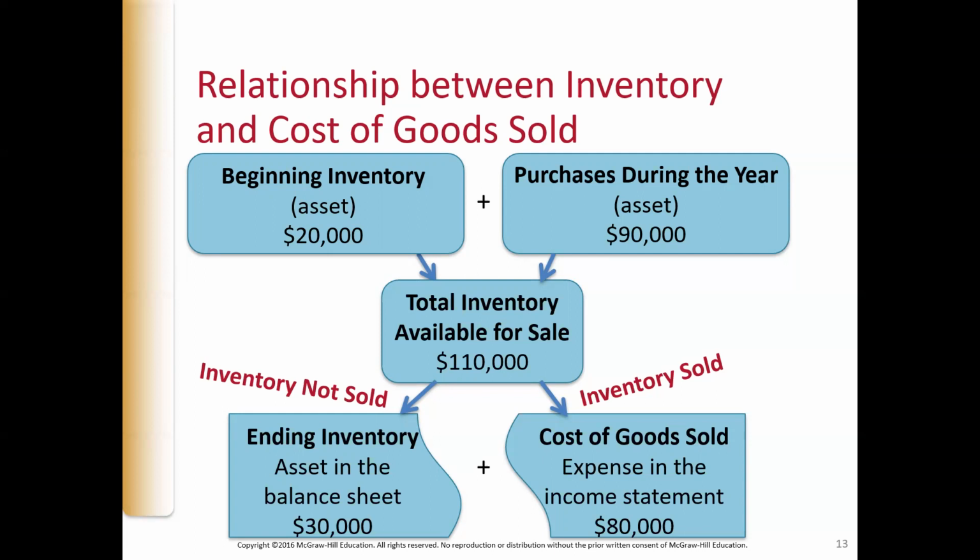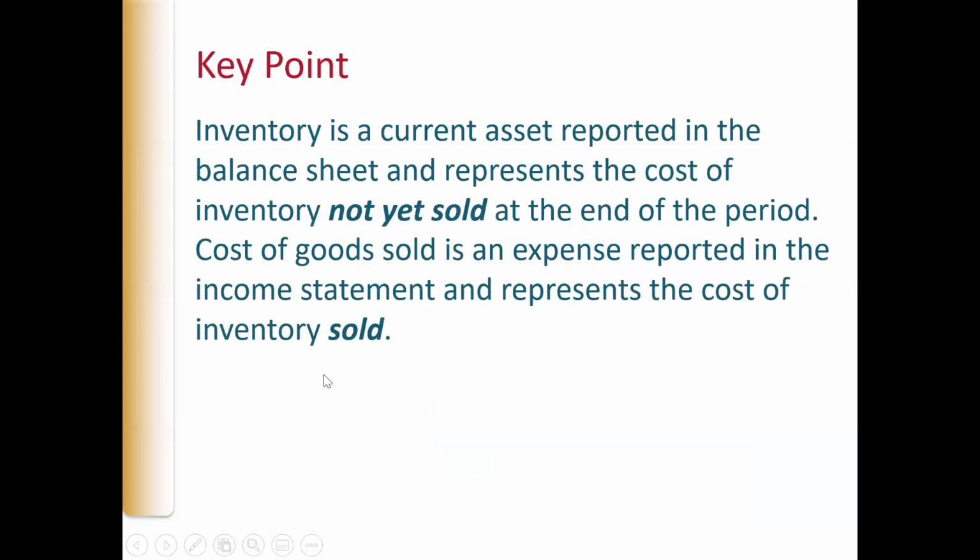Inventory plus purchases is total inventory available. Then the total inventory available will either be sold or will still be in ending inventory. The item sitting in ending inventory is an asset, a current asset on the balance sheet. The items that are sold are an expense reported in the income statement.